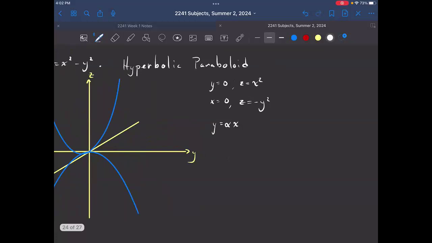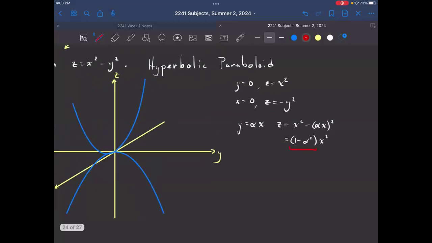Then if that's the case, we have z equal x squared minus alpha x squared, and we get 1 minus alpha squared times x squared, and this just becomes a parameter that allows us to decide what kind of parabola z we have along the z-axis when we are looking at a specific line through the origin.